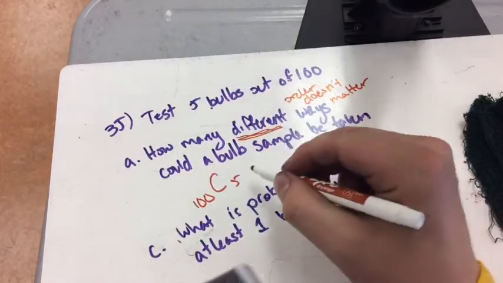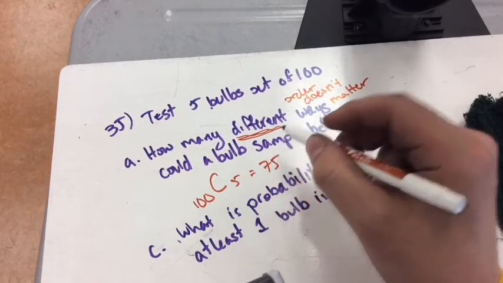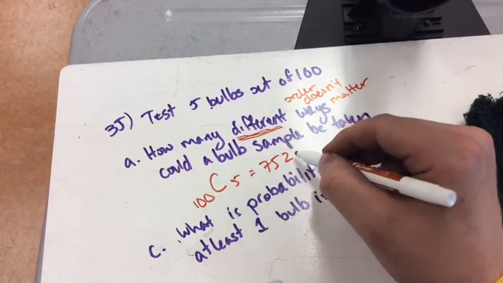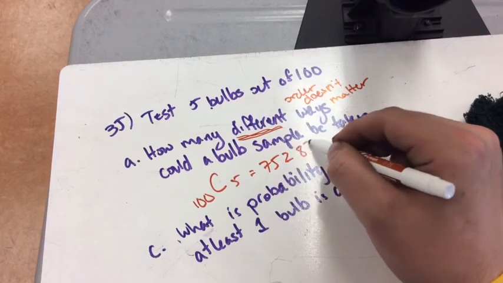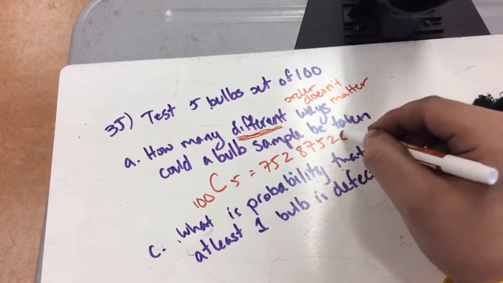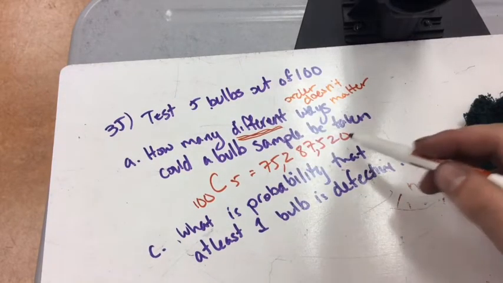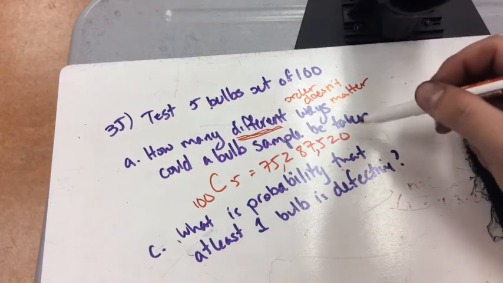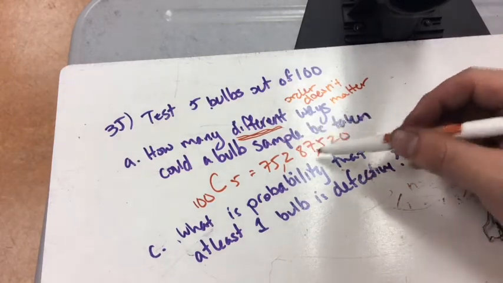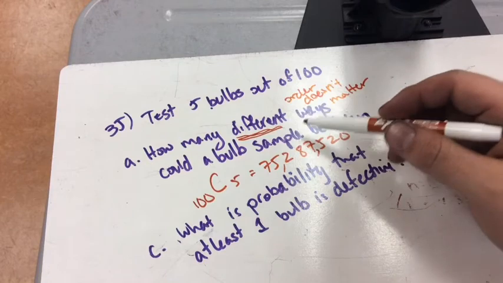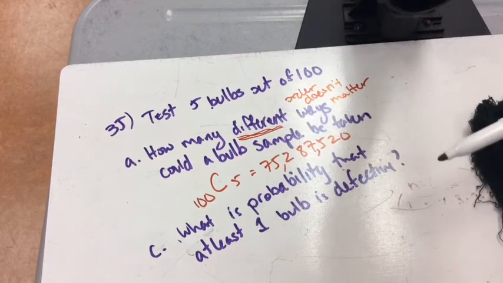This is going to give us a nice big number. Ooh, even bigger: 75,287,520 ways, different ways, in fact, that we can take a sample of 5 bulbs.